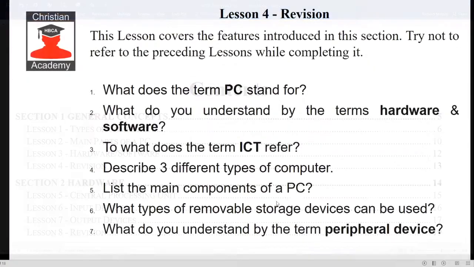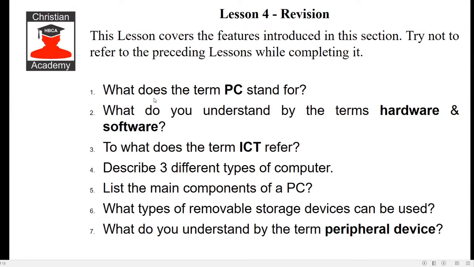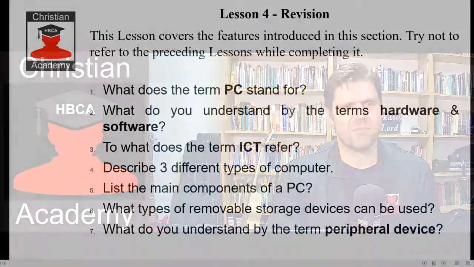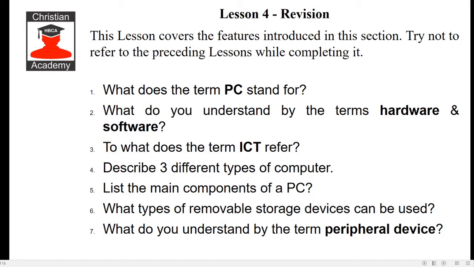So going back to the questions, what does the term PC stand for? Can you remember what the term PC means? And if you can't remember, you have to go back to the previous lessons and look. But what does the term PC stand for? PC, personal computer. What do you understand by the term hardware and software?